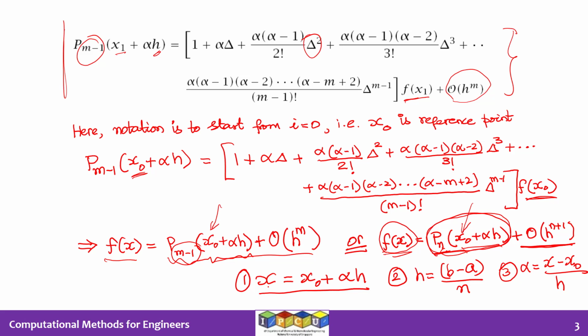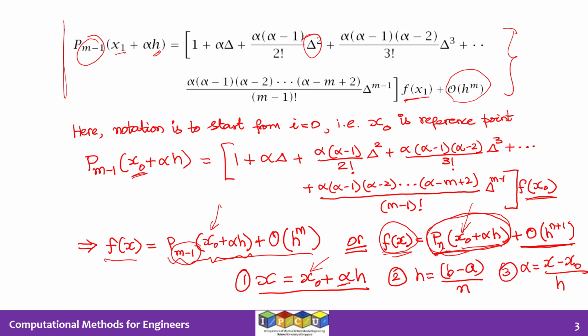So we can reach any x from our reference point by jumping alpha steps. If you're given alpha, and if you know x0 and h, you can find out the value of x you're talking about. On the other hand, if you're given the x value, and you know the reference point x0 and the step size h, then you can find out the value of alpha.